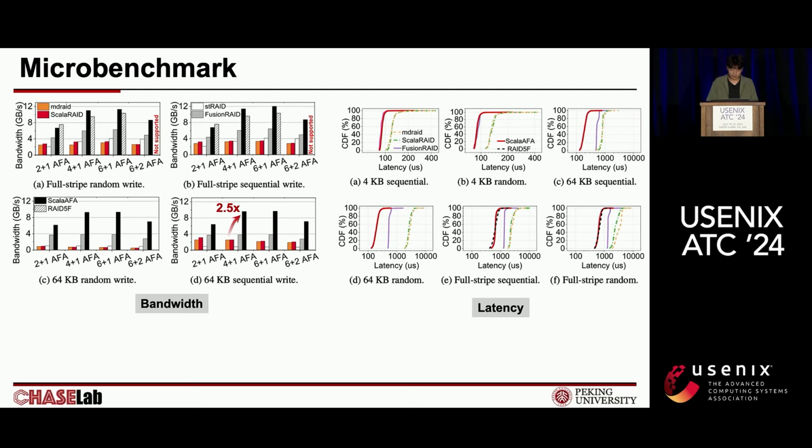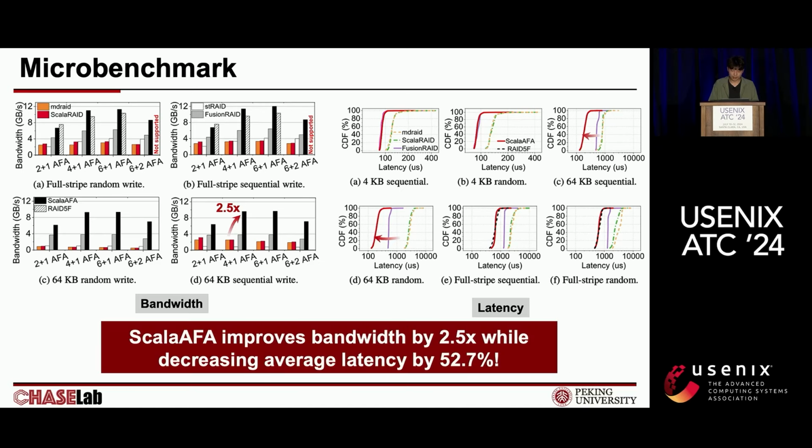In terms of latency, ScalaAFA shows significantly better CDF profiles in all scenarios. The red line represents ScalaAFA. For example, compared with FusionRAID, ScalaAFA reduces the average latency by 53%.